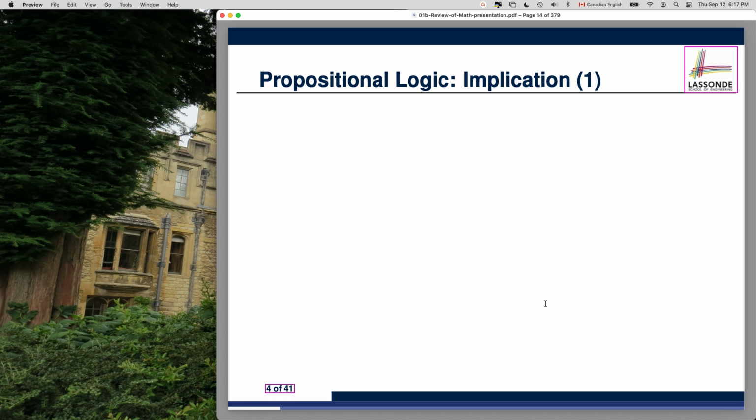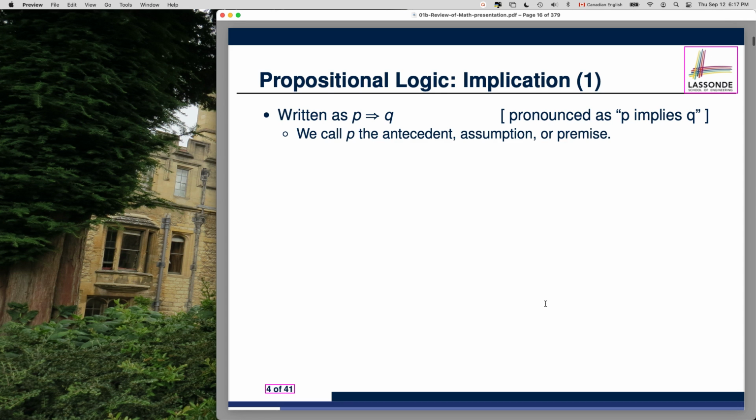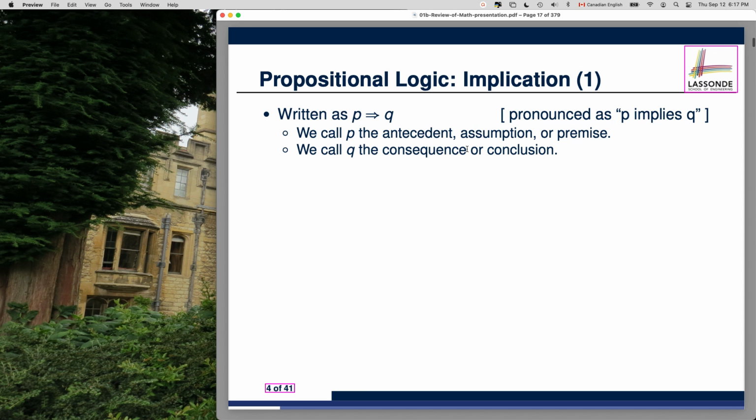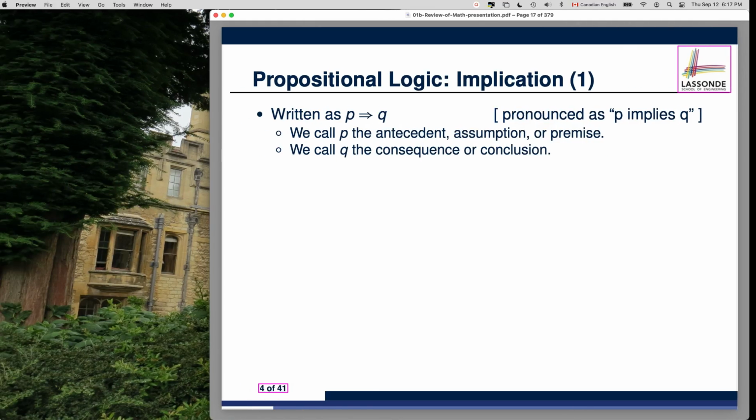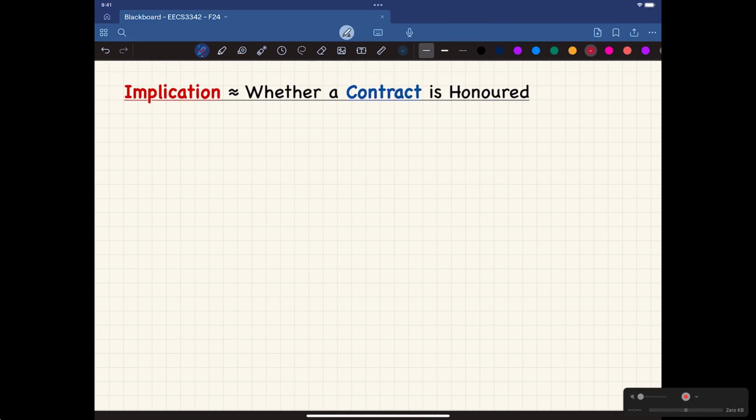The way to think about implication is P implies Q, right? And we say P here is called the antecedent, assumption or premise, and Q is the consequence. I'll just write it down here. And there will be some analogy I would like to show you as well.